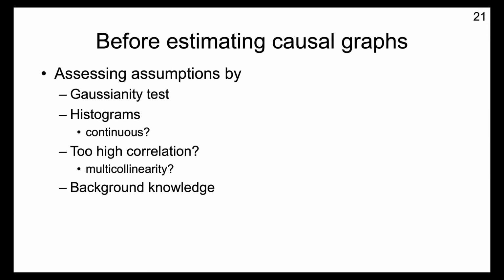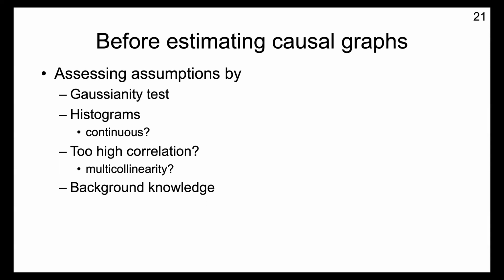Third, there could be variable pairs that have a very high correlation with each other. Sometimes they measure the same thing, or sometimes once one variable is determined, the other is automatically determined. In such cases, we could omit one of them, or perhaps we should use some latent variable model to model the high correlation.